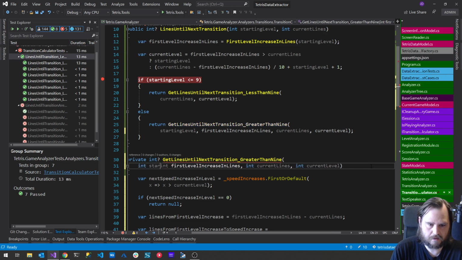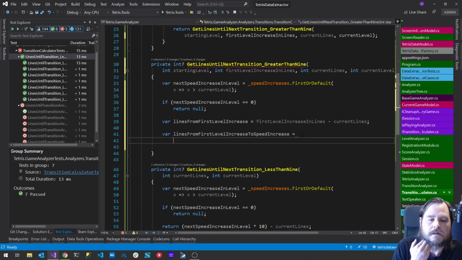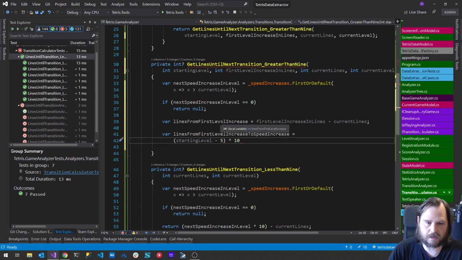The speed increase is going to be starting level minus 5 times 10. That's the first level increase in lines, which is exactly this.